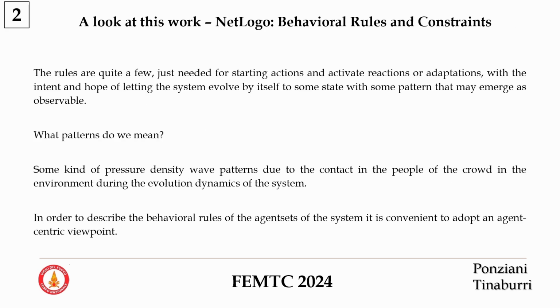The rules are quite a few, just needed for starting actions and activating what happens in consequence, with the intent and hope of letting the system evolve by itself to some state, with some pattern that may also be observable when emerged. But what kind of patterns do we mean? We refer to some kind of pressure density wave patterns due to the contact in the people of the crowd in the environment.